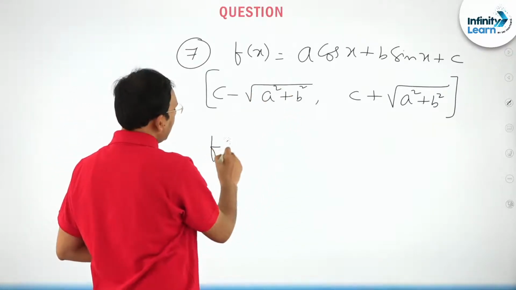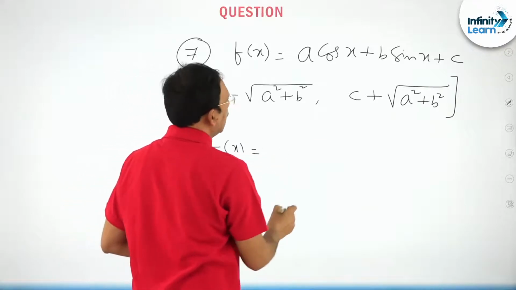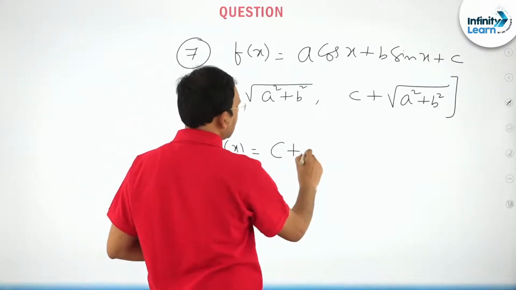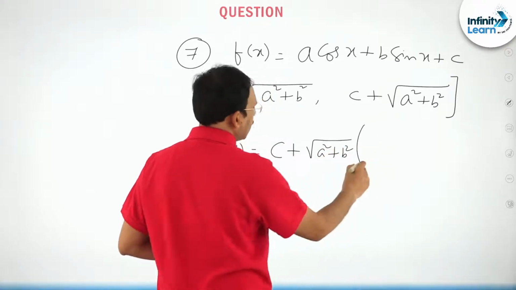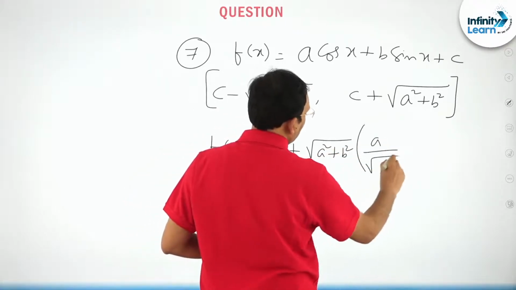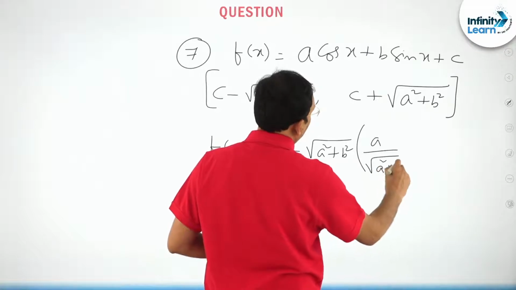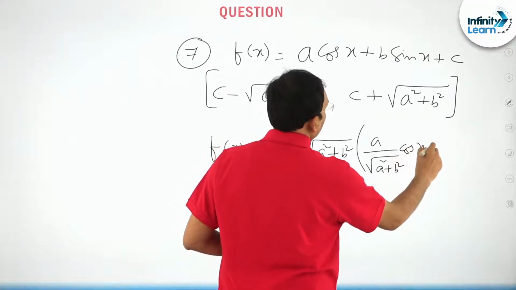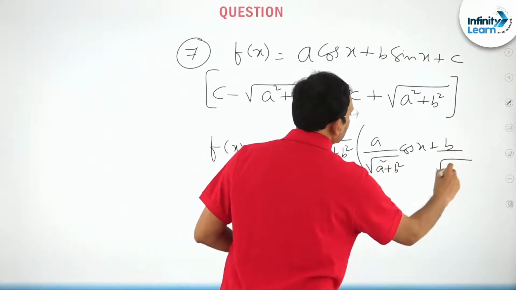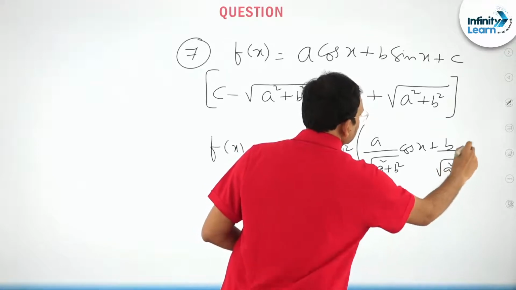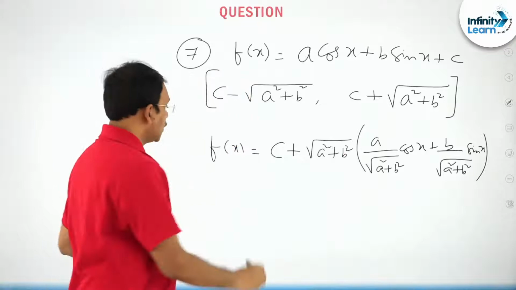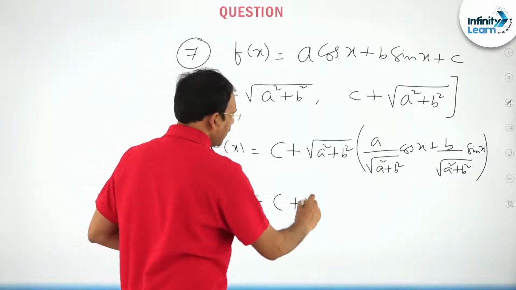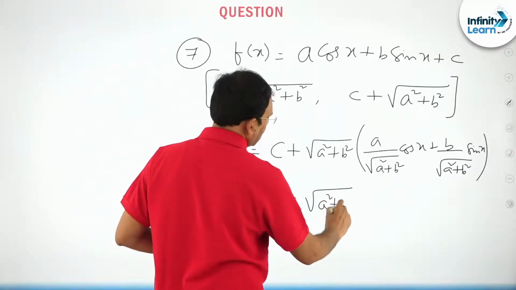You can take f of x as c plus, you just multiply and divide with root of a square plus b square into a by root of a square plus b square cos x plus b by root of a square plus b square sin x. Friends, so now this is c plus root of a square plus b square.